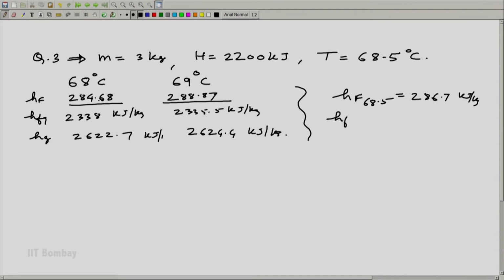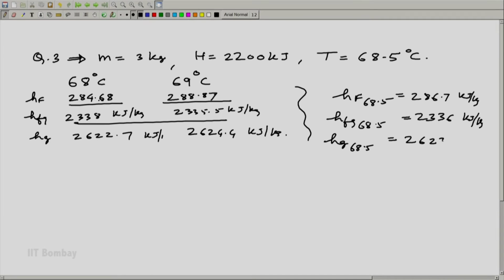Then HFG at 68.5 is equal to 2336 kilojoule per kg, between these two values, and Hg at 68.5 is equal to 2623 kilojoule per kg. Similar things are done for U, S and V. I will interpolate the values and get them for 68.5 degree centigrade.